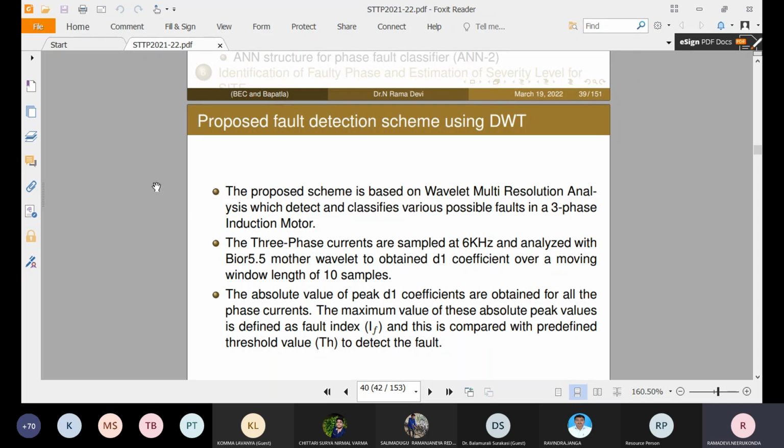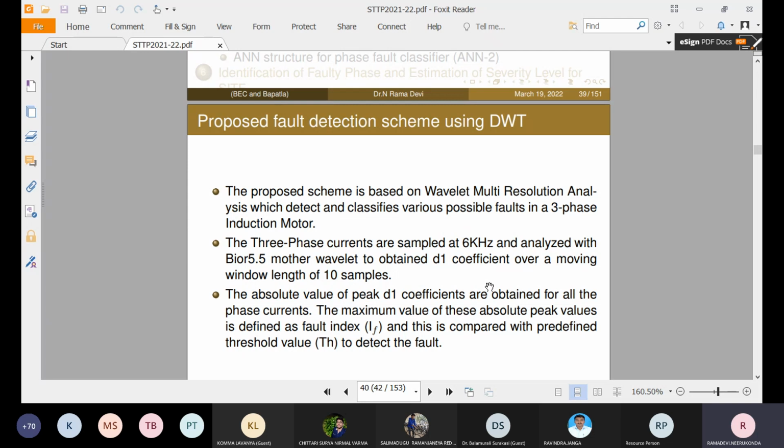In this technique, the number of measurements is only 3, the three-phase currents. Once we take the measurements, we sample them to get a discrete signal.